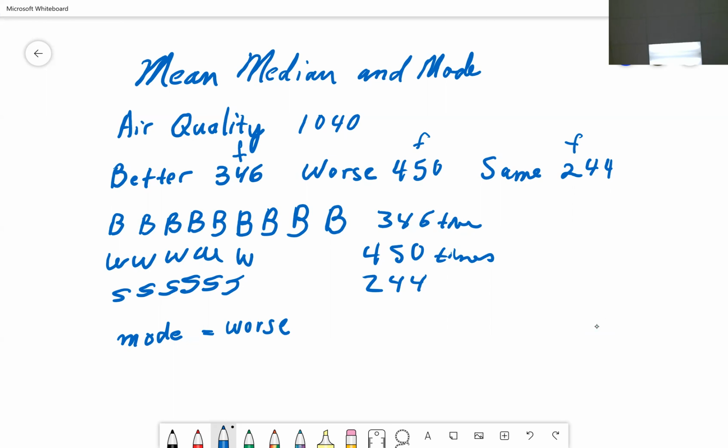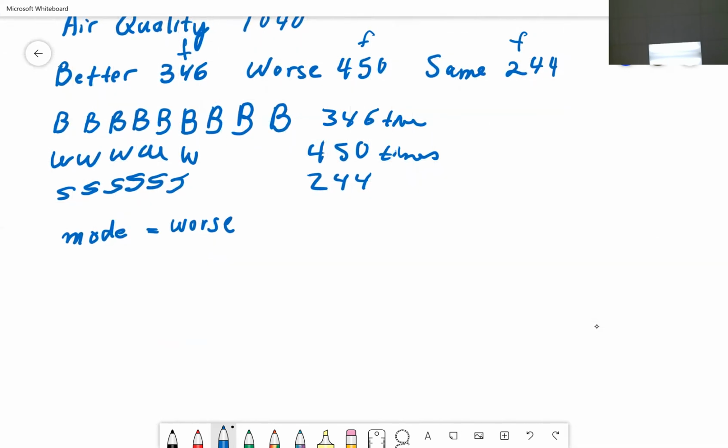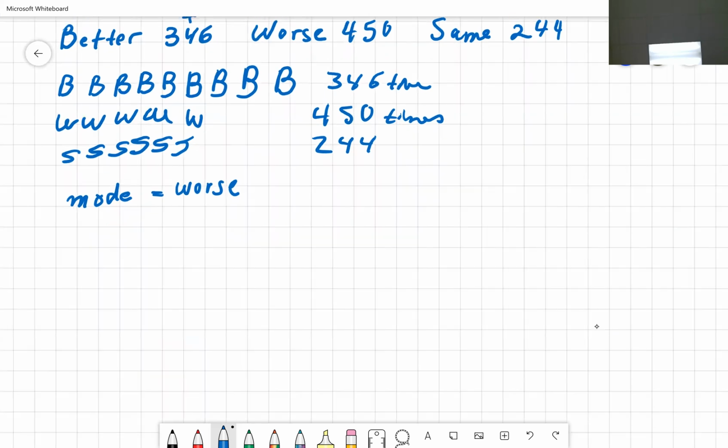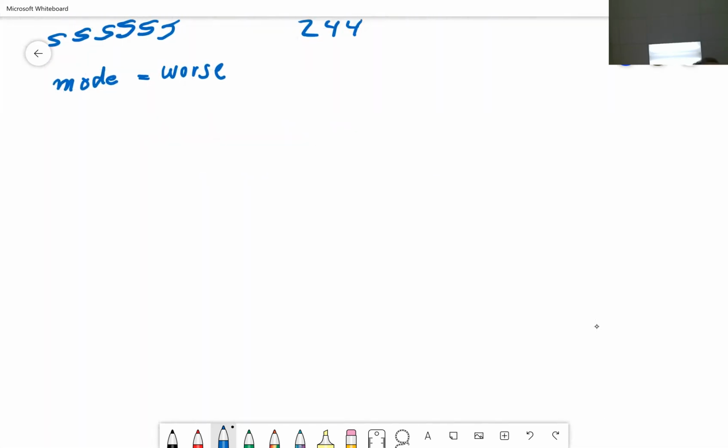I'm going to go ahead and talk about a new type of mean, I guess you could say, but in reality, it's not really new. Let me drag up the page. It's called weighted mean.